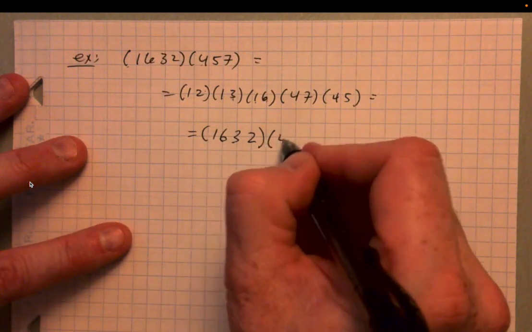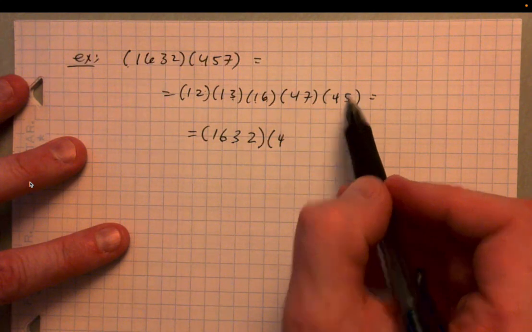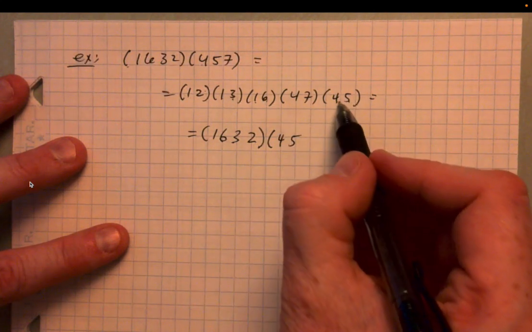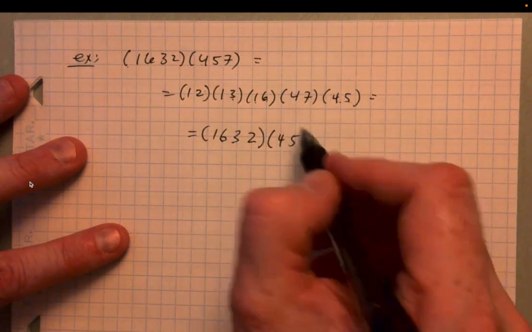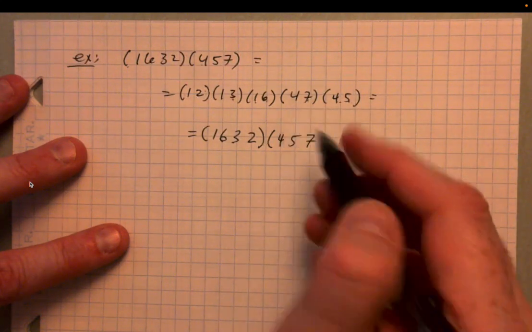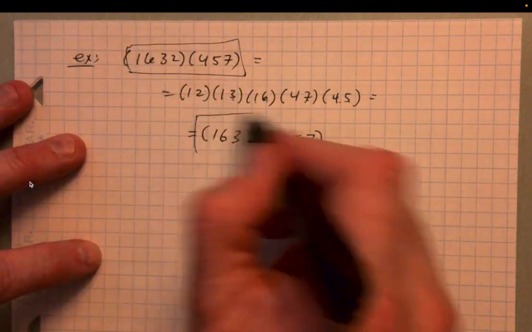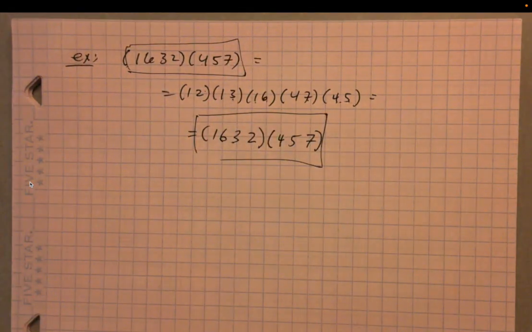Let's put in a 4. Okay, so 4 goes to 5. Okay, that's that. 5 goes to 4. 4 goes to 7. Okay, what happens with 7? 7 comes in, goes to 4. Wraps back around, closes, right? So these are the same. It's the same permutation, just written in a different way.